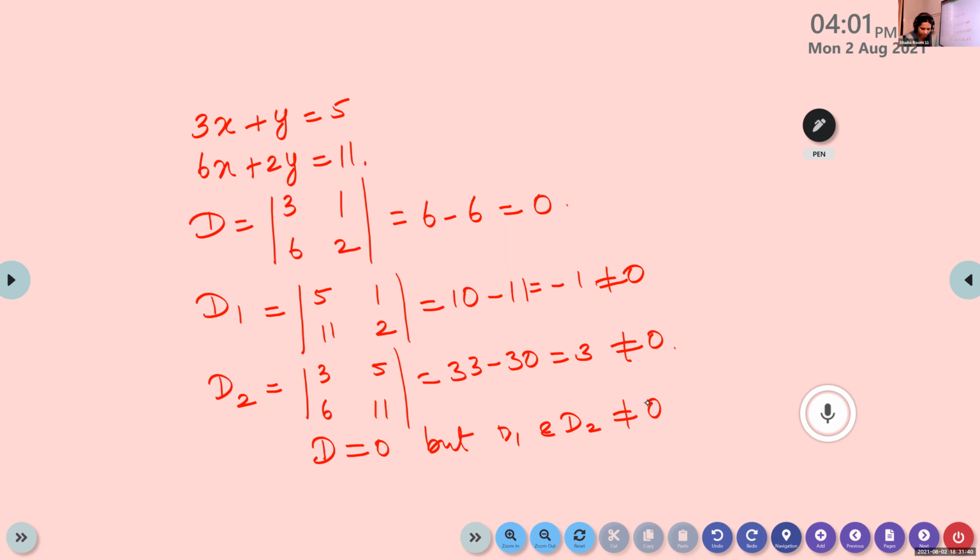So what is your conclusion? It is inconsistent. Why? We would find x using the formula D1 by D, that is minus 1 by 0. Is it possible to define minus 1 by 0? Division by 0 is not defined, so we say it is inconsistent.